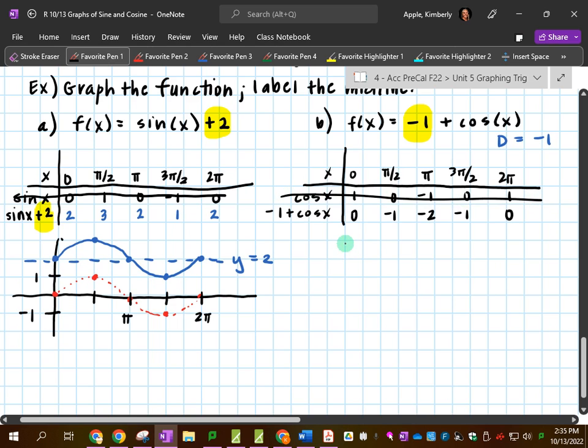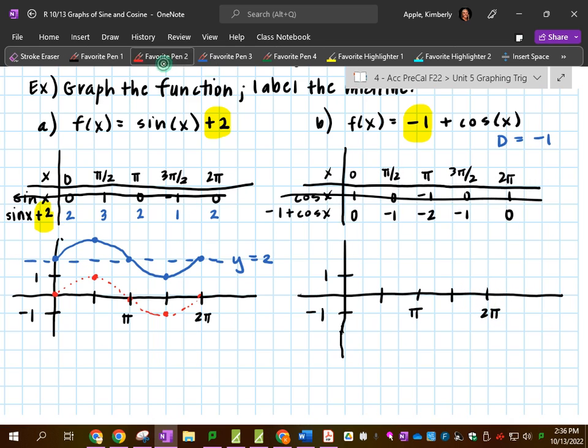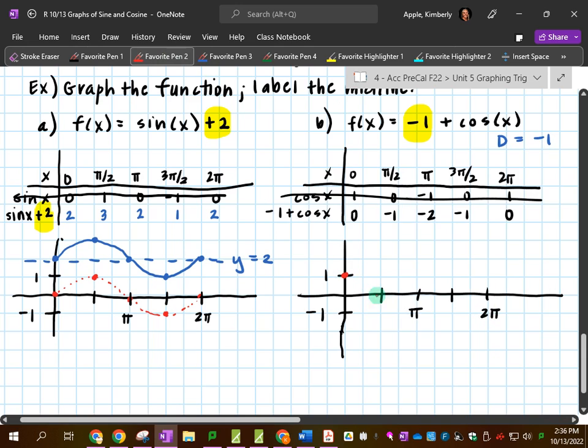I don't need these anymore. I'm going to go down, so I should probably leave more room on the bottom. This is 1. This is -1. Pi. 2 pi. All right, the original will be in red.